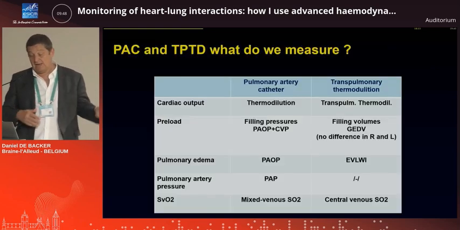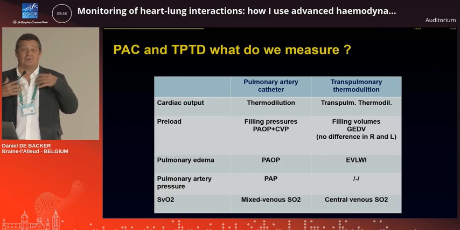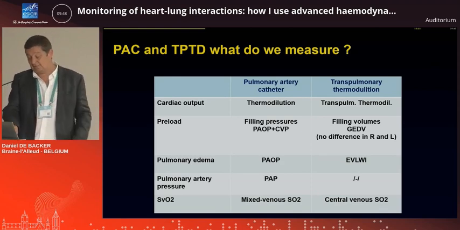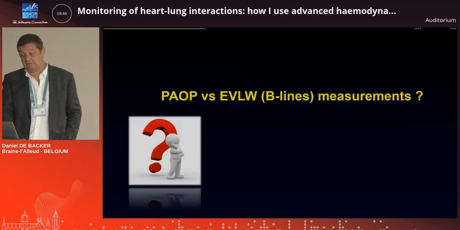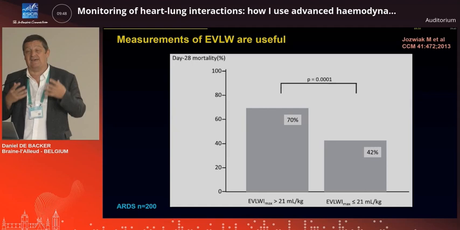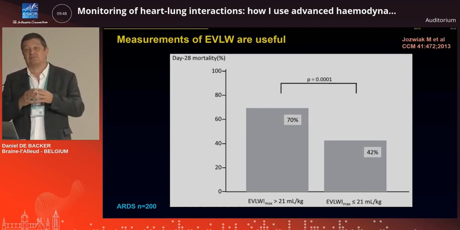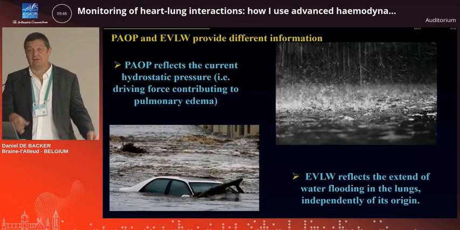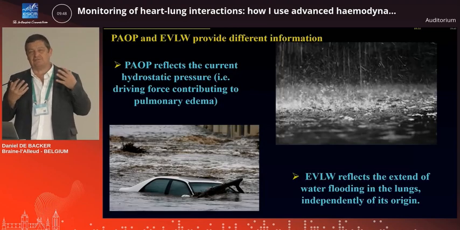And then, of course, we have the measurement or estimation of the risk of pulmonary edema, with the lung water on one hand and the filling pressure on the other hand. And this is interesting, because both PAOP and the extravascular lung water are associated with a poor outcome. But these represent really different things.